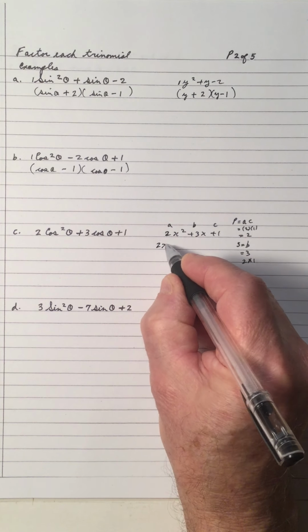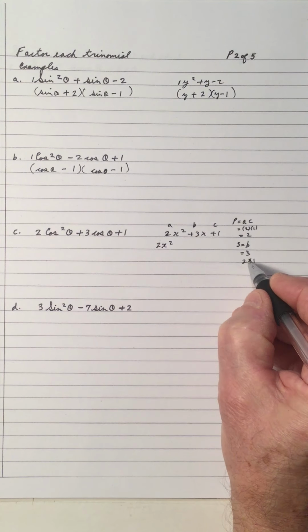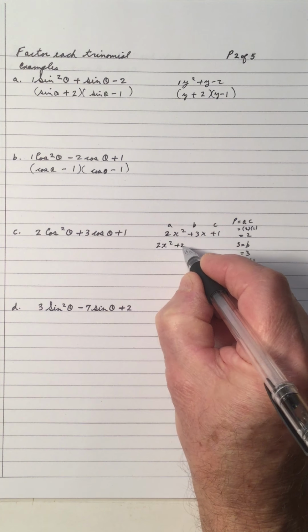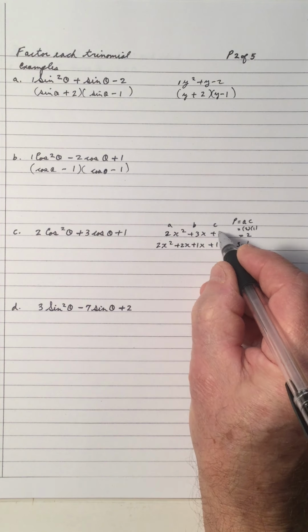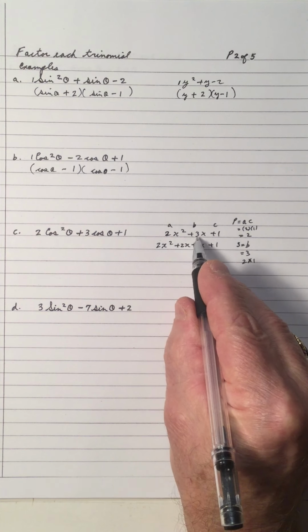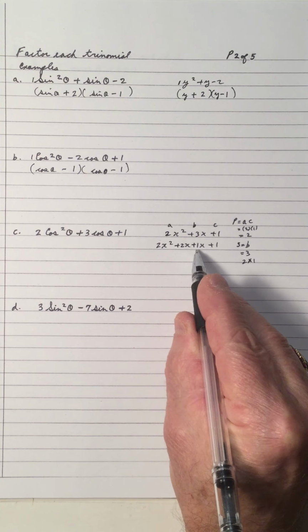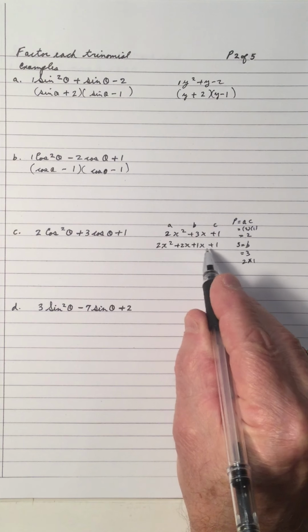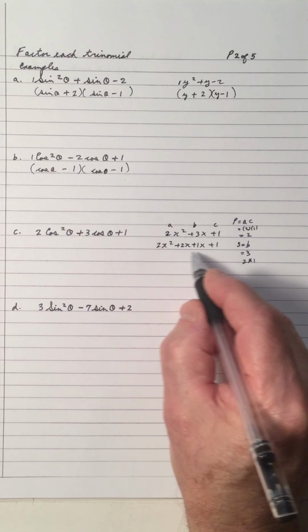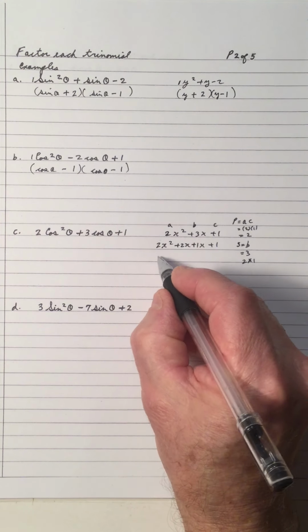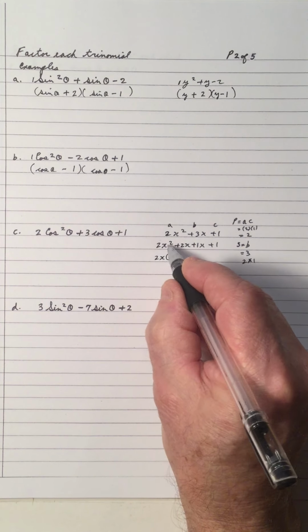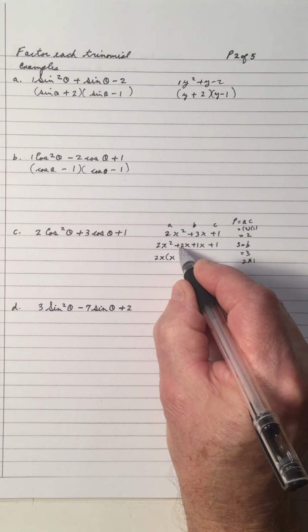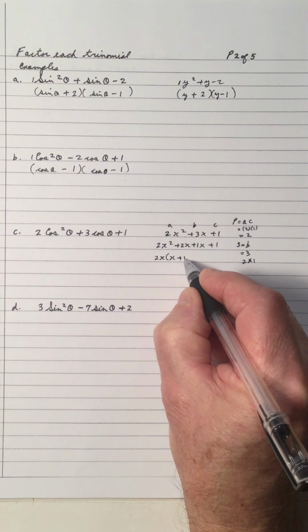So that means the 2 and the 1 are placed in the middle: 2x squared plus 2x plus 1x plus 1. Because we're replacing 3x with 2x plus 1x, we now have 4 terms, and we take out the GCF in each pair. On the first two, 2x is common, so we remove it. 2x squared divided by 2x is x. 2x divided by 2x is plus 1.